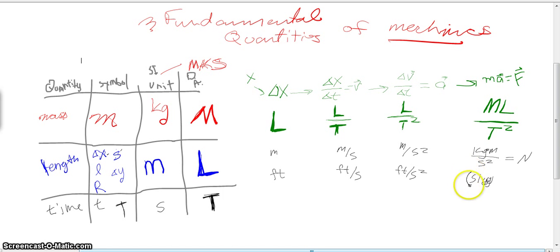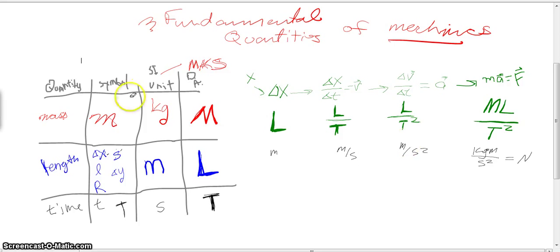Slug foot over seconds squared. You've got to have all kinds of parentheses, and I should have put a little dot. I hate this system. I think that works out to be a pound, but I'd have to look that one up. It's something called a slug. You don't want to deal with that, but I'm just showing you that you can make up your own system. That just works out really nicely.